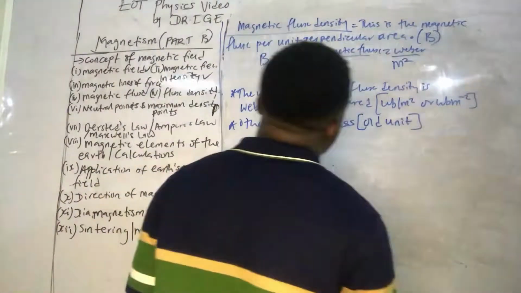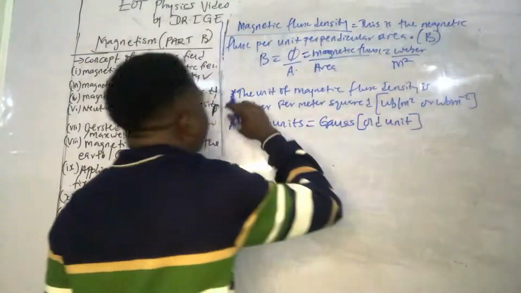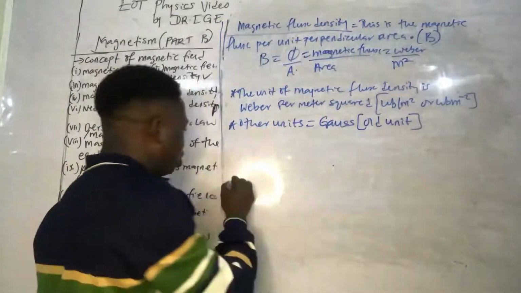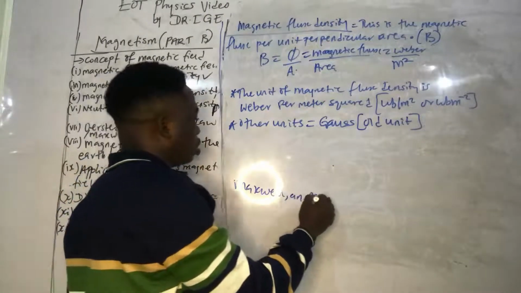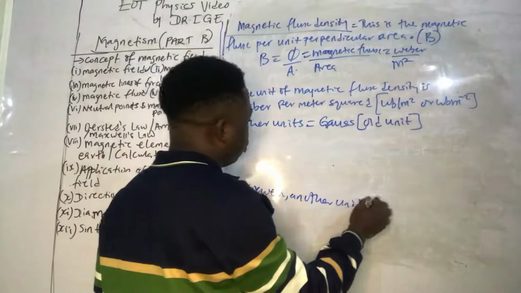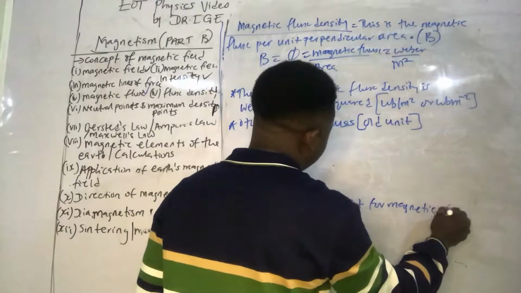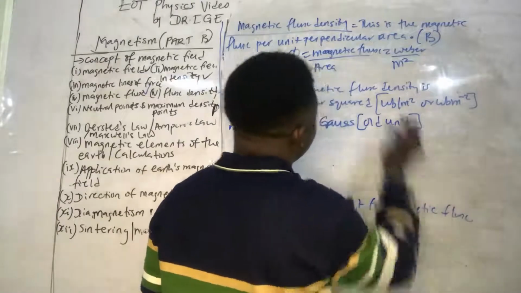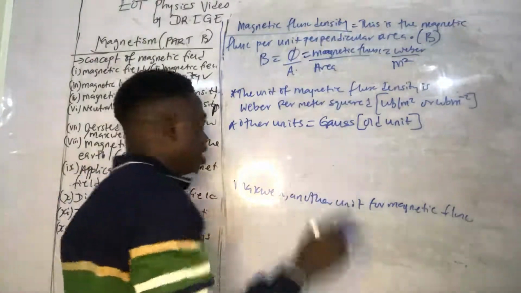Please take note that the Maxwell is also another unit for magnetic flux. I did not want to give it to you, but these are old units. It's not for magnetic flux density, but for magnetic flux itself. You can write that somewhere.